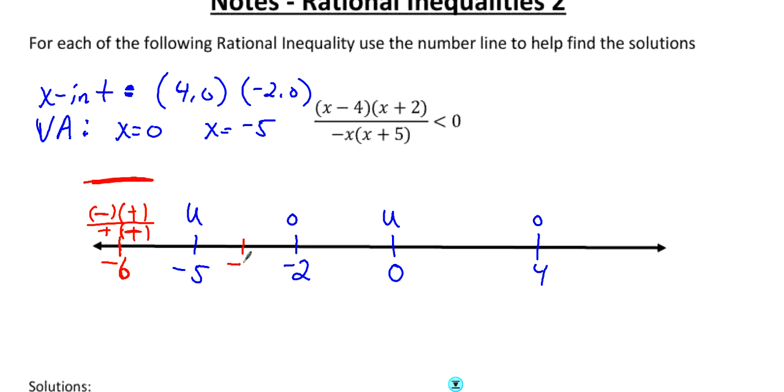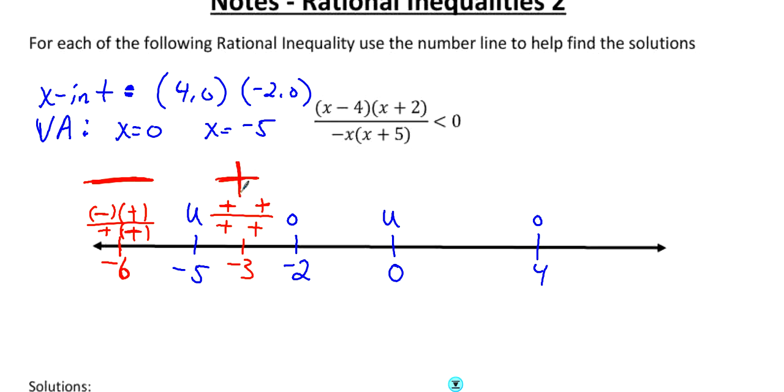Then I'm going to pick a number between negative 3 and negative 5. And again, I'm going to plug it into each value. When I plug it into the top, I get negative, negative. On the bottom, I get positive, positive. And a negative times a negative is positive, so these end up all being positive.